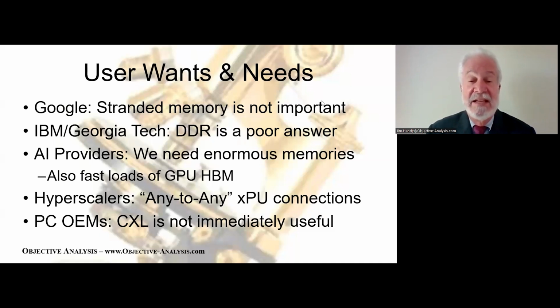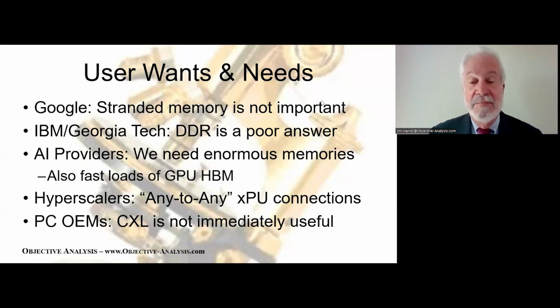Hyperscalers really like the idea that any processor can talk to any other processor, no matter what kind of processor it is, with CXL. So, this is a new way for them to be able to design memory meshes, memory fabrics that accomplish all of that and do share an awful lot of memory between them. The other side of this is the small system guys.